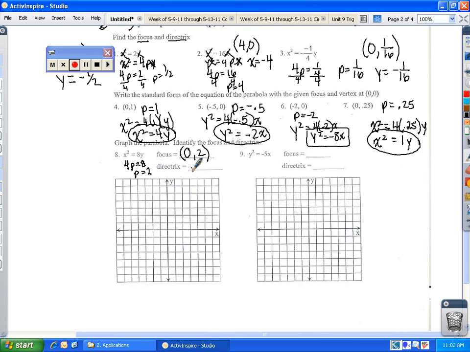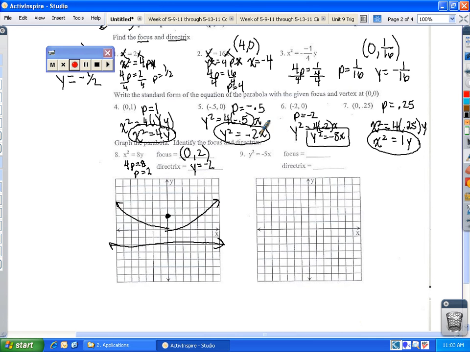My directrix is going to be in the form of y equals the opposite of p, so y equals -2. So this is going to look like a focus point here, a line for my directrix here, and then my parabola is going to look like this.